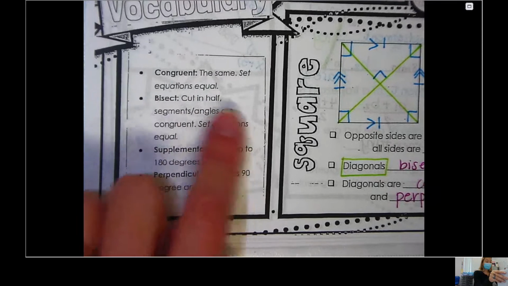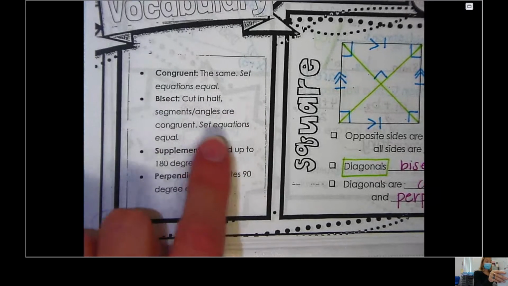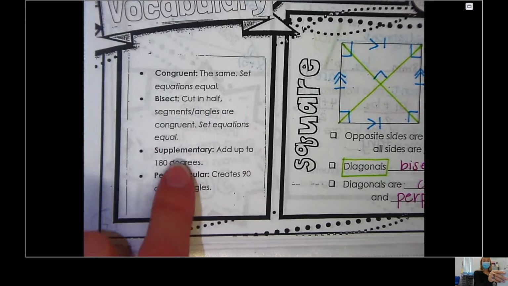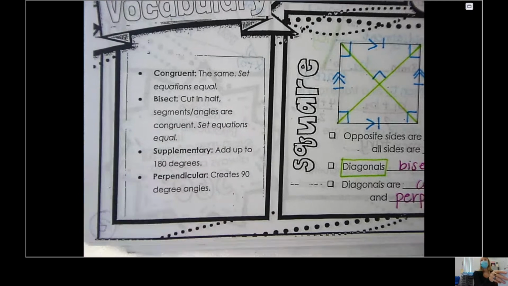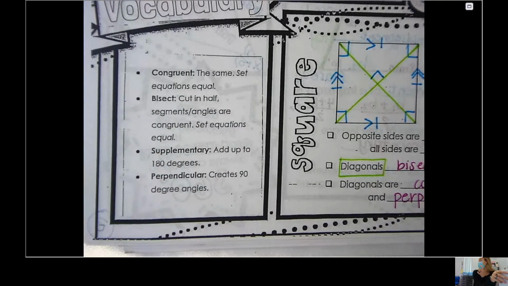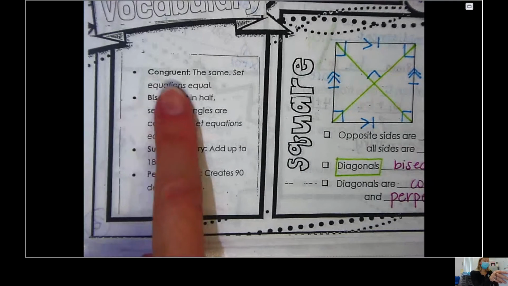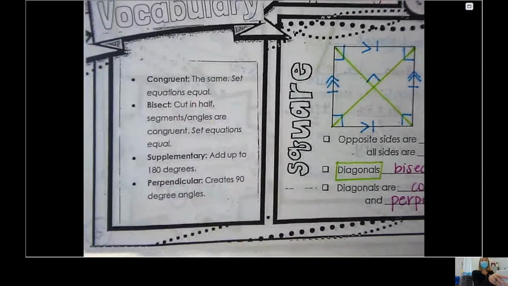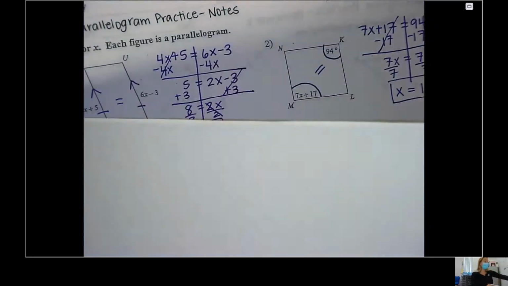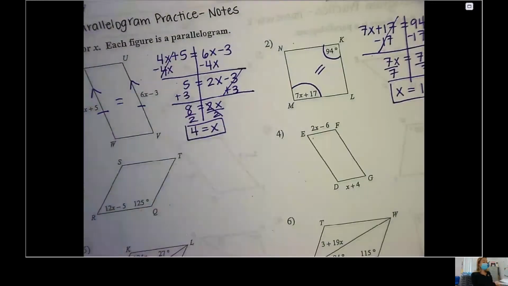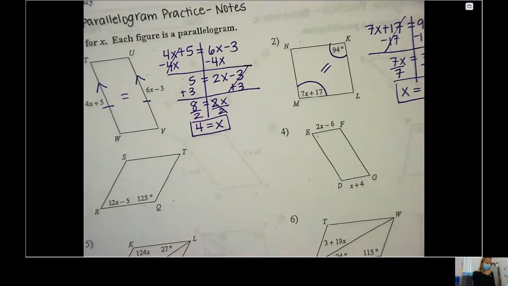Bisect means cut in half. Segments are congruent. Set equations equal. Supplementary means add up to 180. So I tried to give you a little bit of a cheat sheet. As you were working through, you go, oh, they're congruent, I should set the equations equal, right? And so on. So that is back there in case you didn't know that from yesterday.